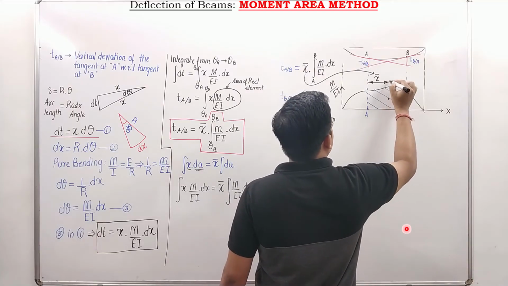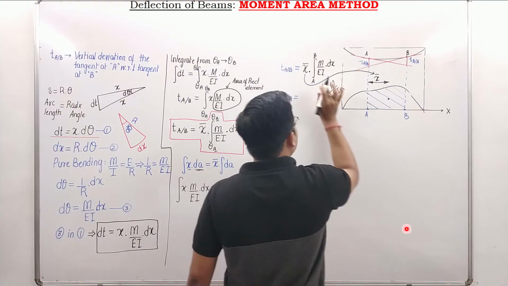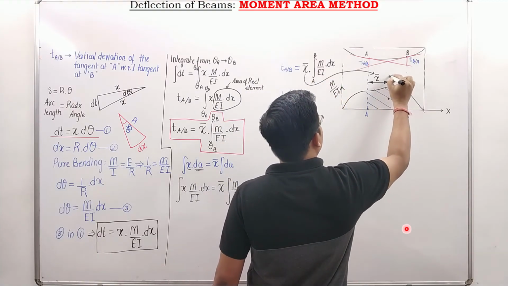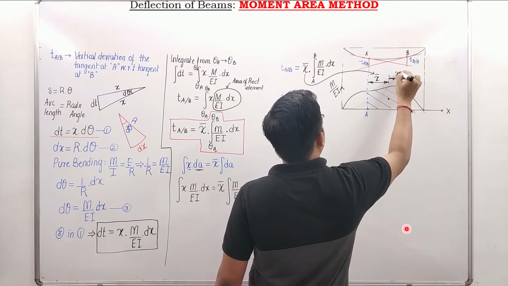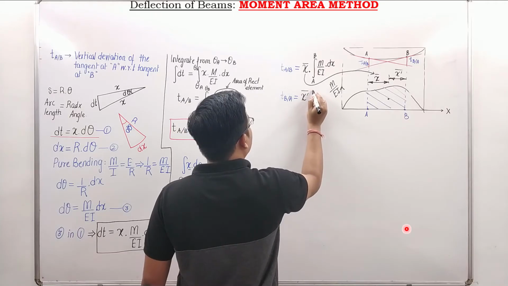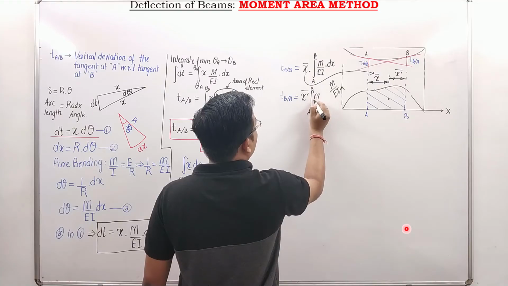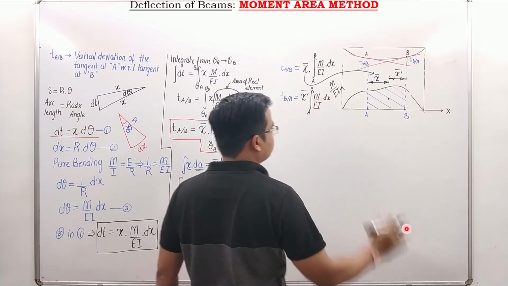Since you want to find the vertical deviation at B, the area is going to be the same, but this is the X bar which you need to take. Let's say X dash bar. This is going to be X dash bar, and again the area is the same from A to B, M over EI dot dx.